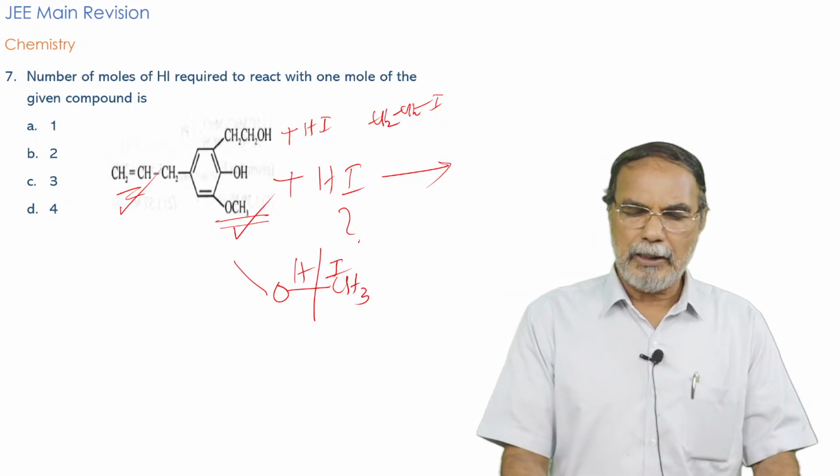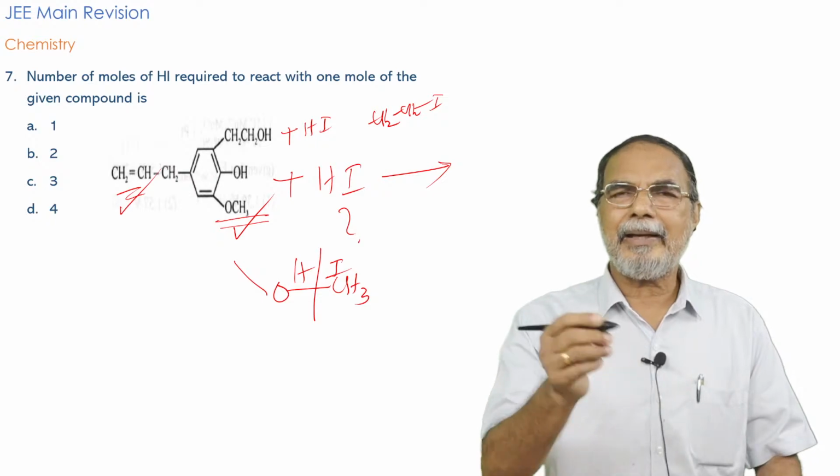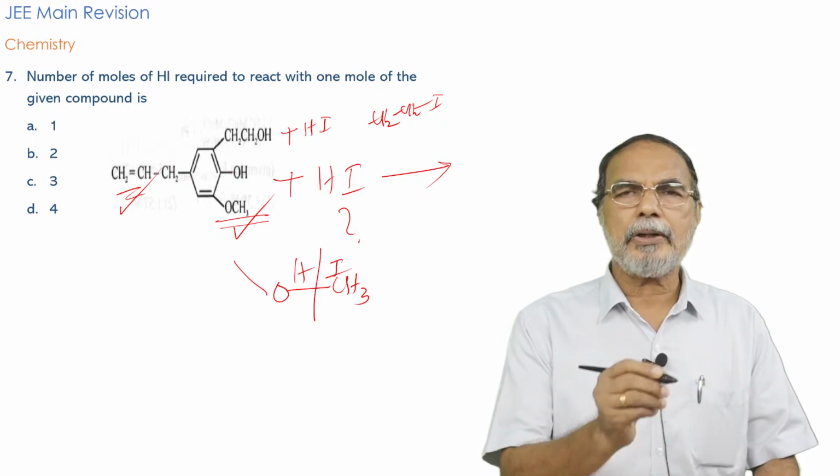But remember, for the OH group on an aromatic carbon, that reaction will not work, because the OH group on an aromatic carbon means the carbon-oxygen bond is stronger due to resonance.